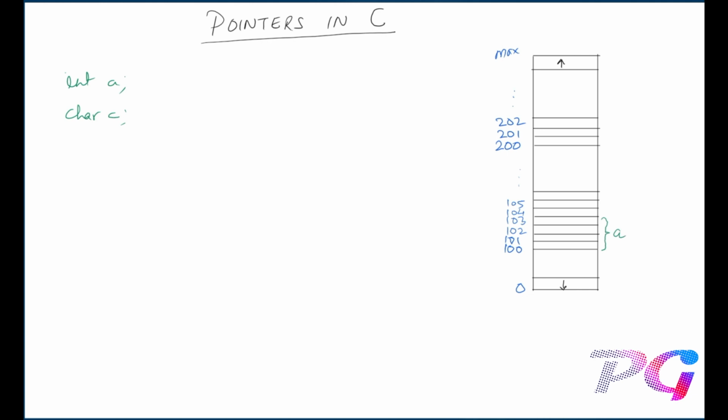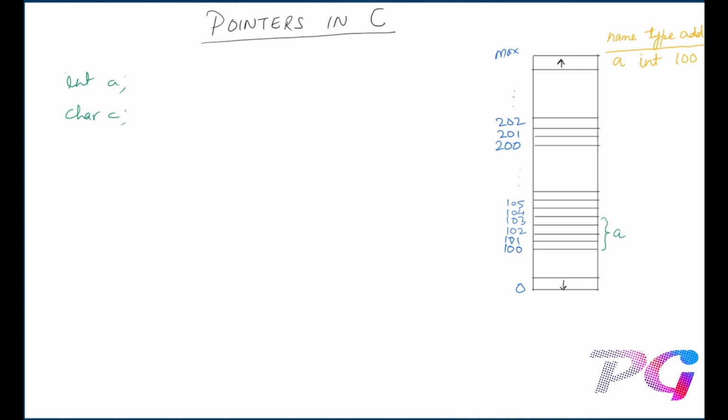The compiler also stores this information in a lookup table. The lookup table will contain the name of the variable, the data type of the variable and the address. So when we declare the variable a, it will be stored in the lookup table as a, the type is integer and the starting address is 100.